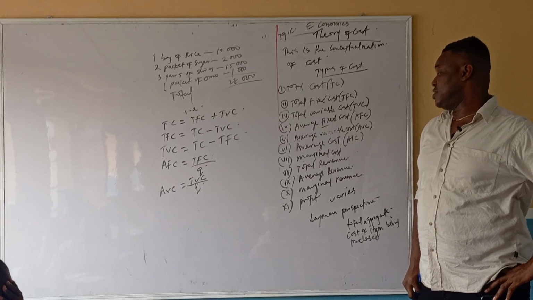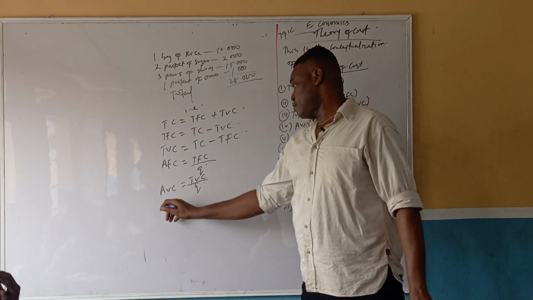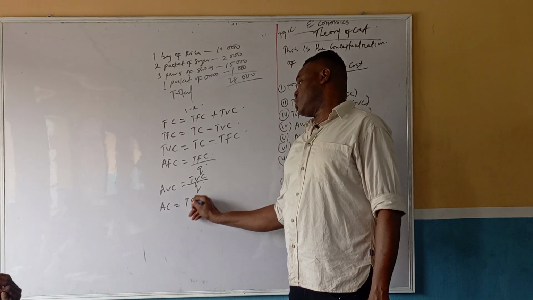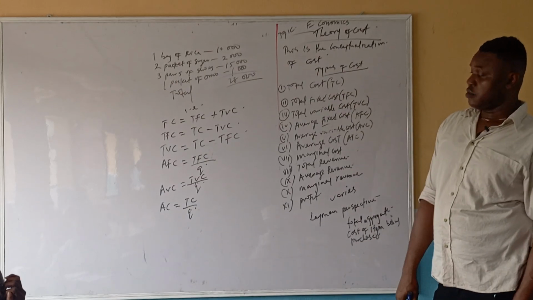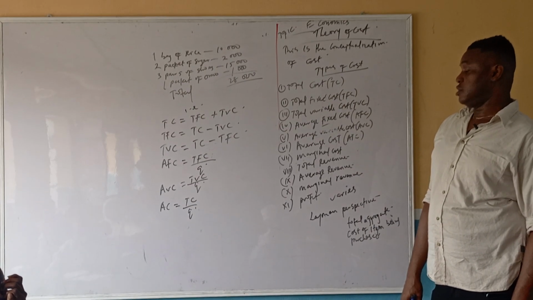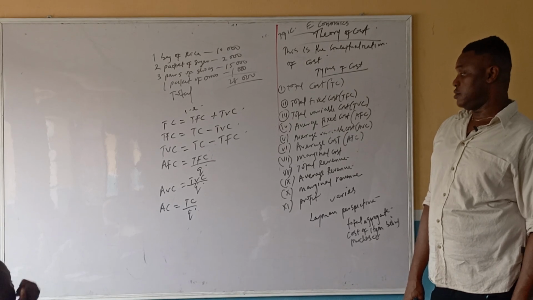It is also defined as the total cost divided by quantity. Average cost equals the total cost divided by quantity. Divided by what? Quantity.